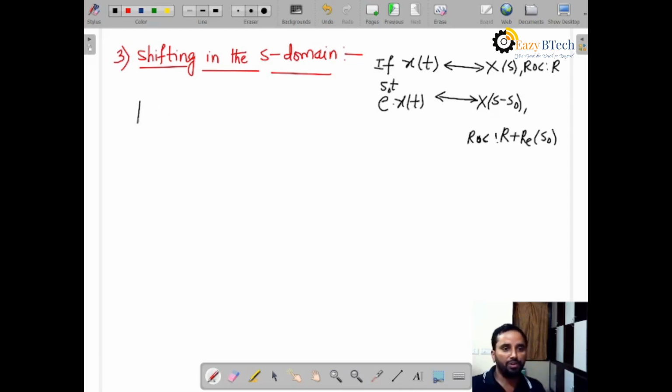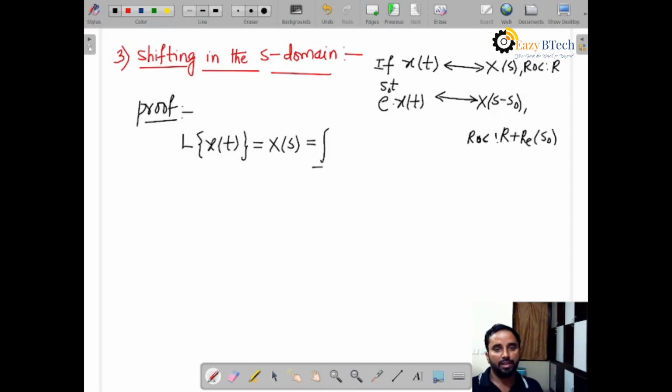The proof we can do using the Laplace transform formula. The Laplace transform formula is Laplace transform of x of t is equal to x of s is equal to integral minus infinity to plus infinity x of t into e to the power minus st dt. Right?